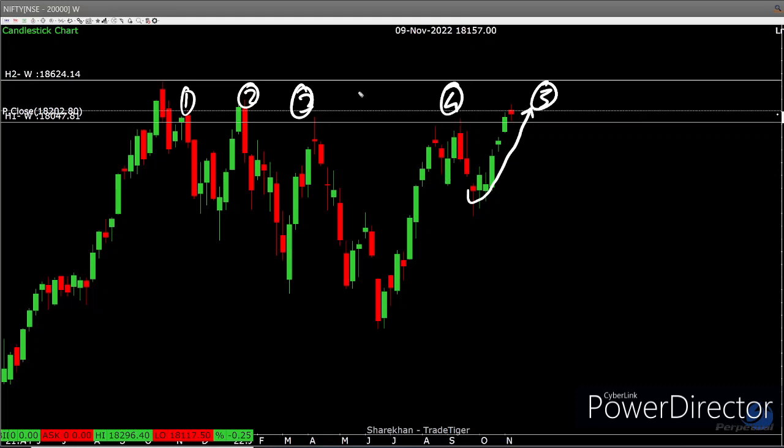So what that shows us is that this supply zone definitely has a lot of strength in regards of the weekly chart we are looking at as of now. Weekly Nifty chart, right?